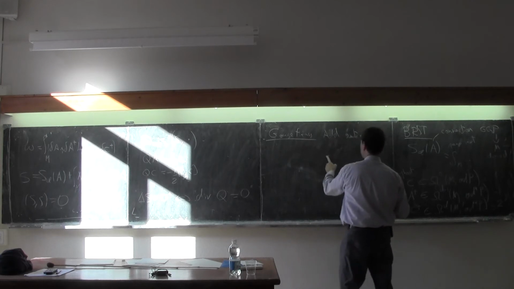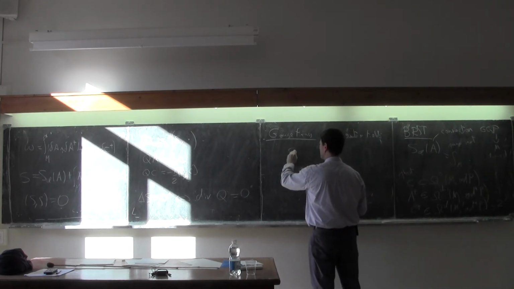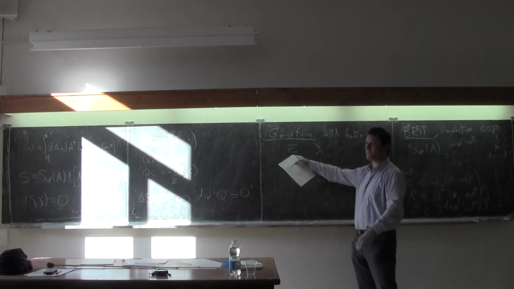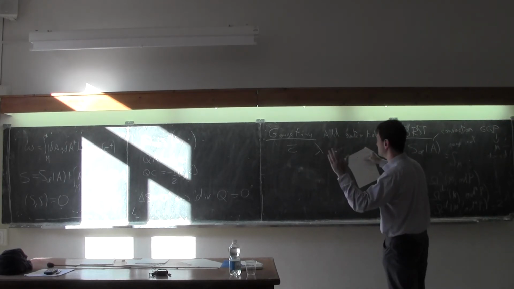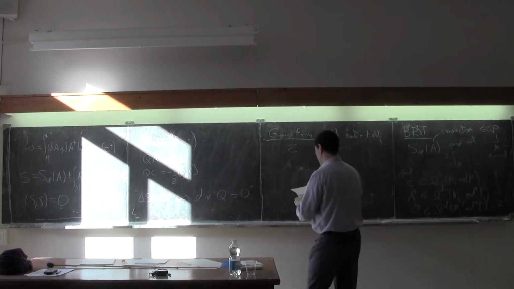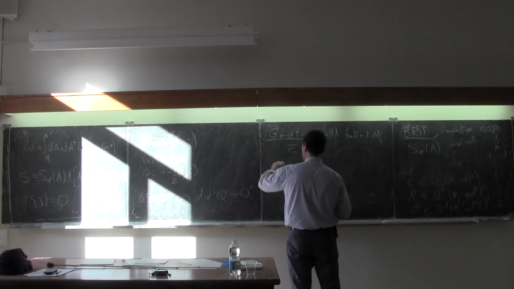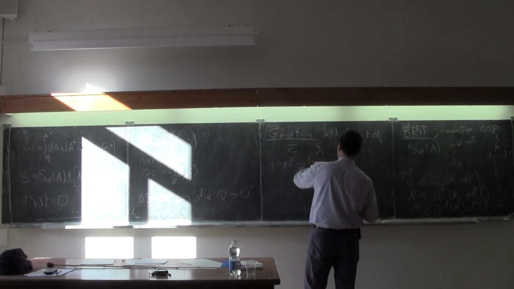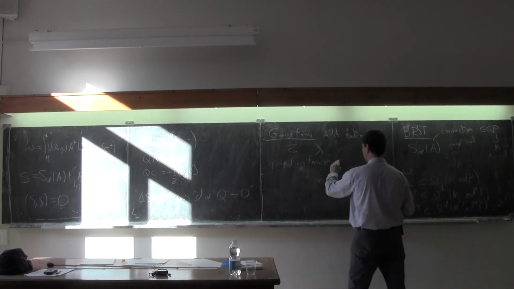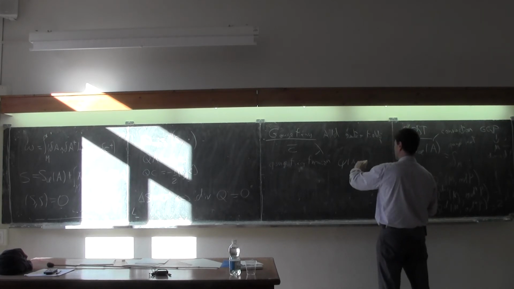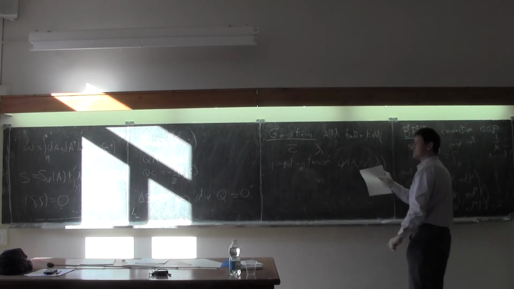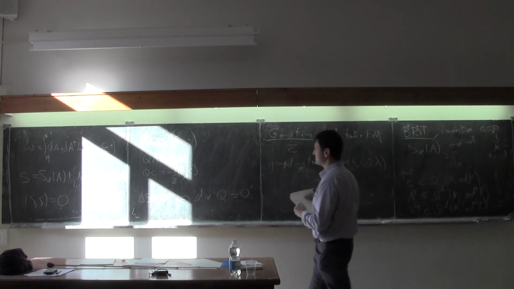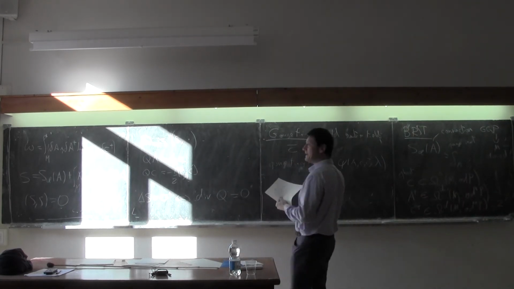So basically what you do, you add extra fields, essentially you add the so-called antighost C bar and the Lagrange multiplier lambda. So this is a 0-form, and well, in my notation, this will probably be a top form. And then introduce the so-called gauge fixing fermion Psi, that in principle depends on all the fields. So in the usual BRST, you start with A and C, you add C bar and lambda, and you do something.